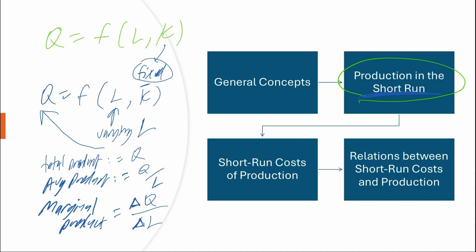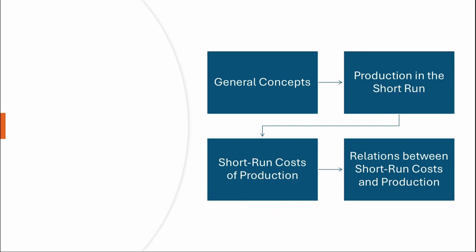And of course, our production, this relationship between labor and quantity, is going to shape our relationship between how much output we're producing and how much it costs to produce that amount of output. And so that's sort of our next step.